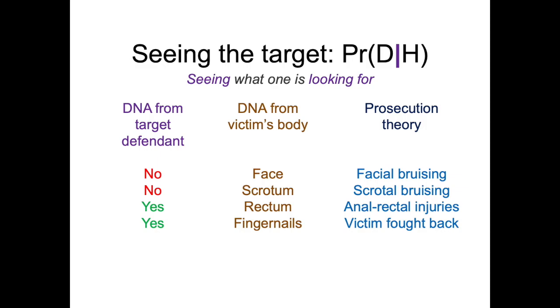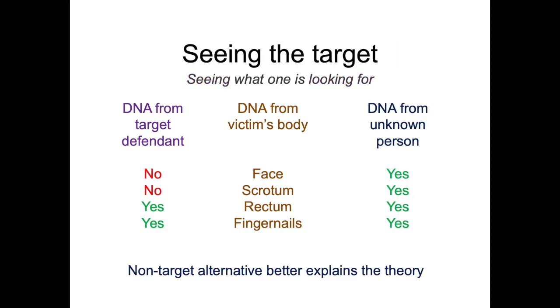His DNA wasn't found on the face or scrotum, but it was found on the rectum and on the fingernails, supporting the prosecutor's theory. In the DNA analysis of the many items in this case, there was DNA found from unknown people. On the right, we see that DNA from an unknown person was compared with the DNA from the victim's body. And for this unknown person, we see yes, there is a DNA association between this unknown, never identified individual with the DNA from the victim's body.